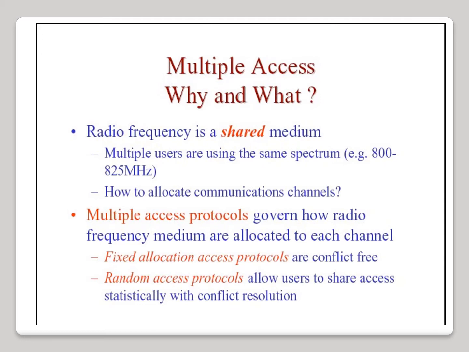We are familiar with multiplexing. In multiplexing, we are sharing a channel, that is, from the source end we have different signals from the same source, and we are using the same channel for transmitting all these signals.